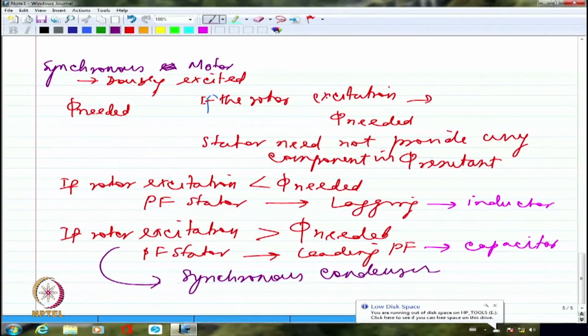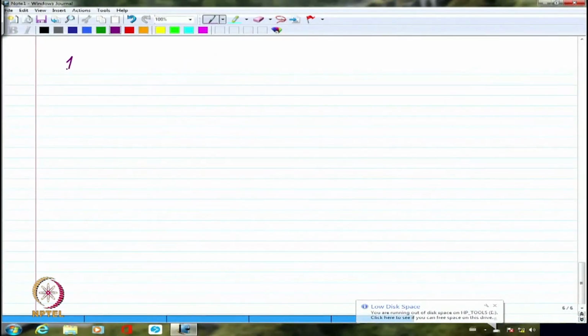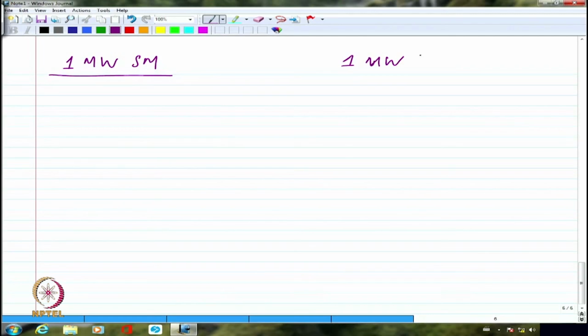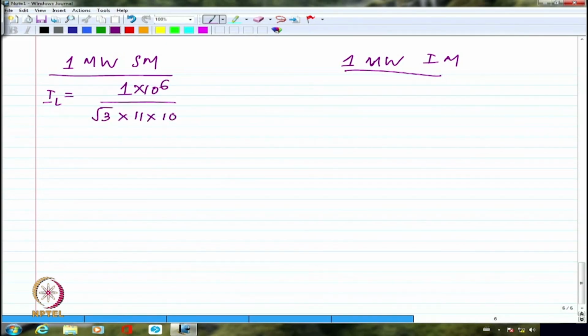So if I talk about two machines, induction and synchronous, both of 1 megawatt capacity, the current drawn will be 1 megawatt divided by root 3. Maybe both of them work on 11 kilovolt. Let me assume that they are working on 11 kilovolt.